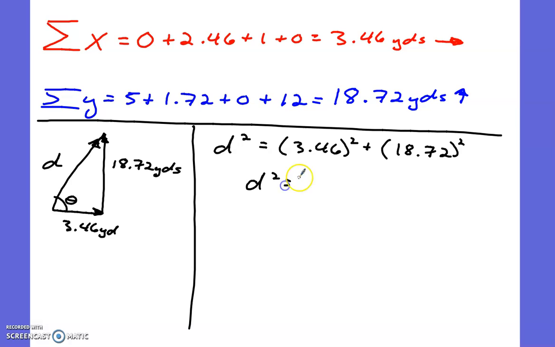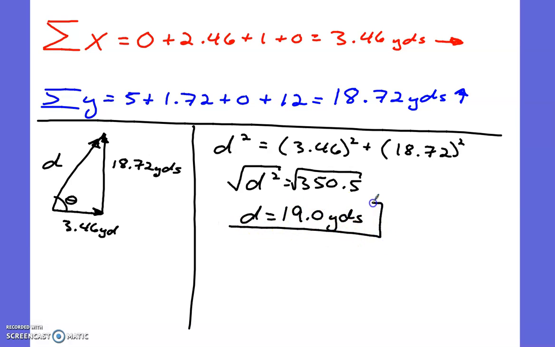But that is d squared. So to answer for what is d, we have to take the square root of each side to undo that square. And when we do so, we get 19.0 yards. That is only half of the answer.